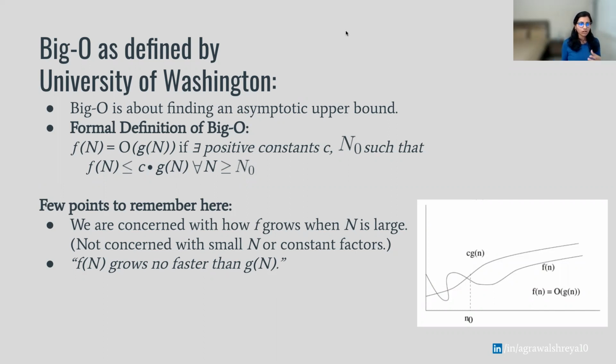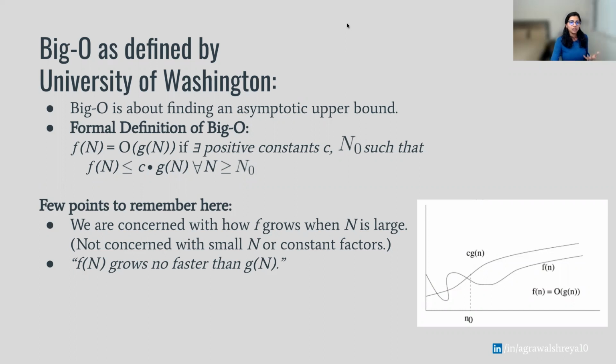So talking in terms of mathematics, like I have written here, f(n) is equal to order of g(n) if there exist positive constants c and n naught such that f(n) is less than or equal to c times g(n) for all n greater than or equal to n naught.